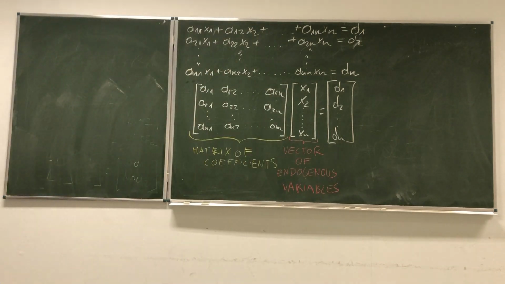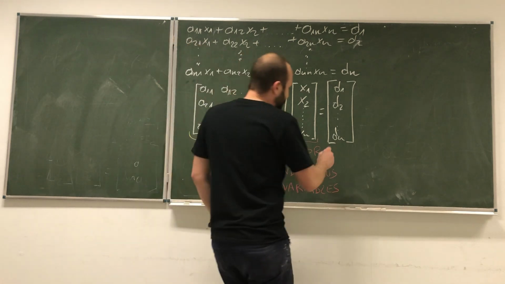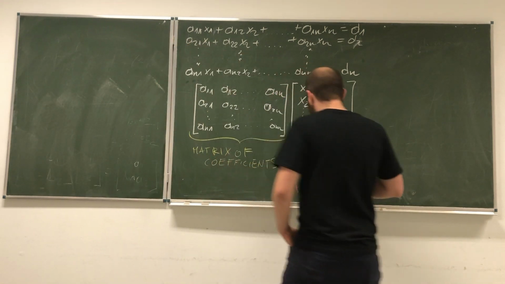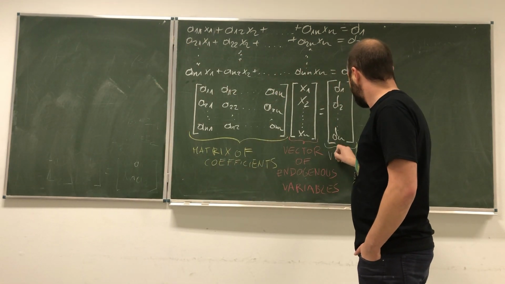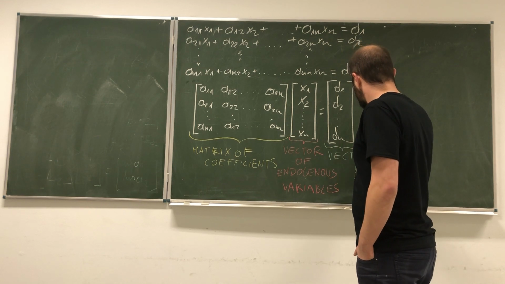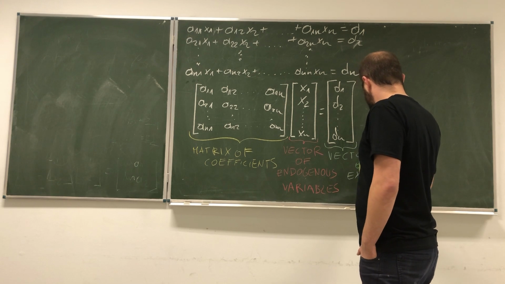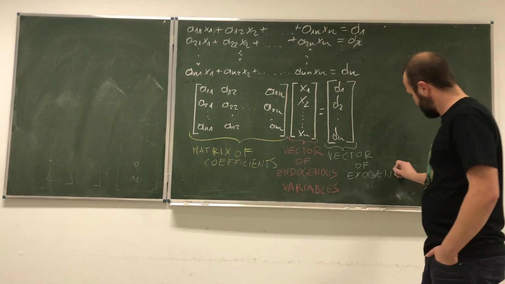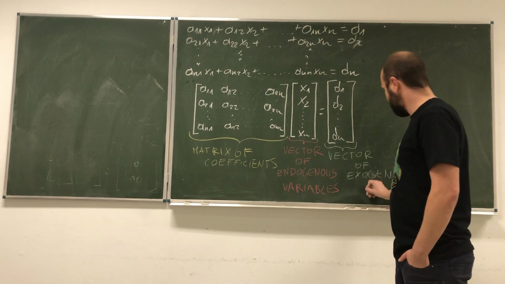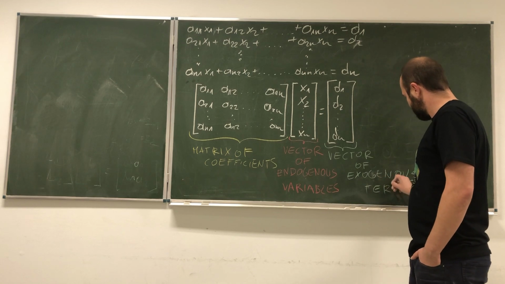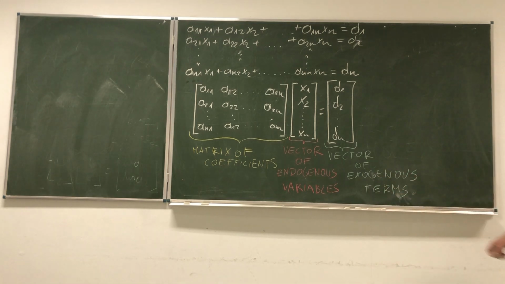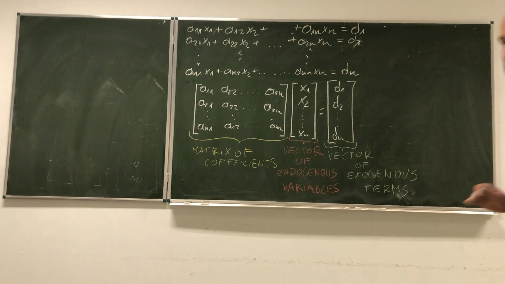Finally, this last column you can see over there is called a vector of constant terms, but for our purposes we're going to call it a vector of exogenous terms. But of course, vector of constants is still an appropriate name.